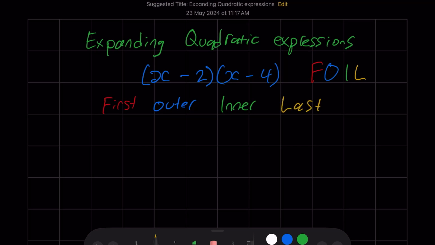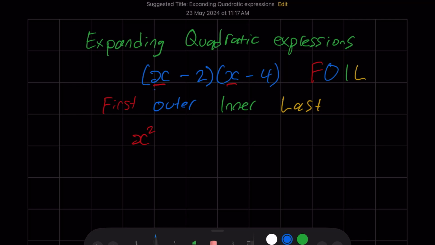Once again, multiplication each time. So we'll start with our first. We take our first in our first bracket and our first in our second bracket, and we write x squared. X times x is x squared.